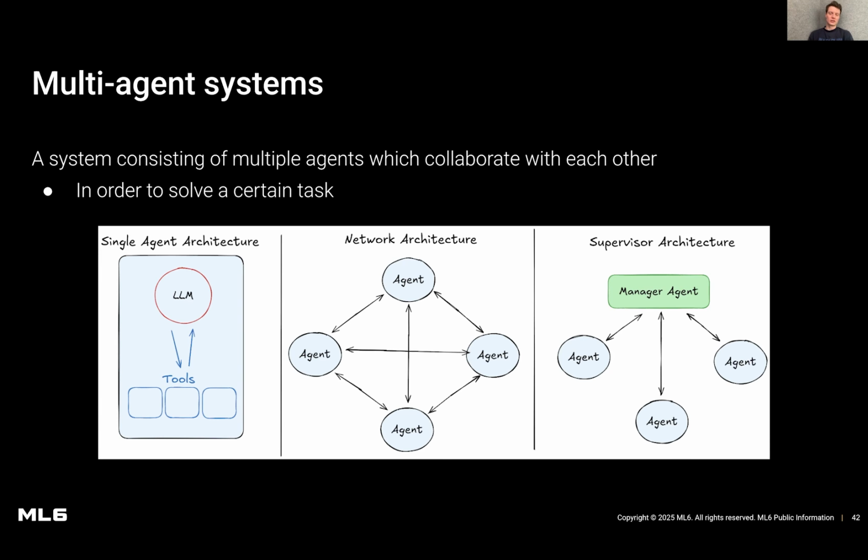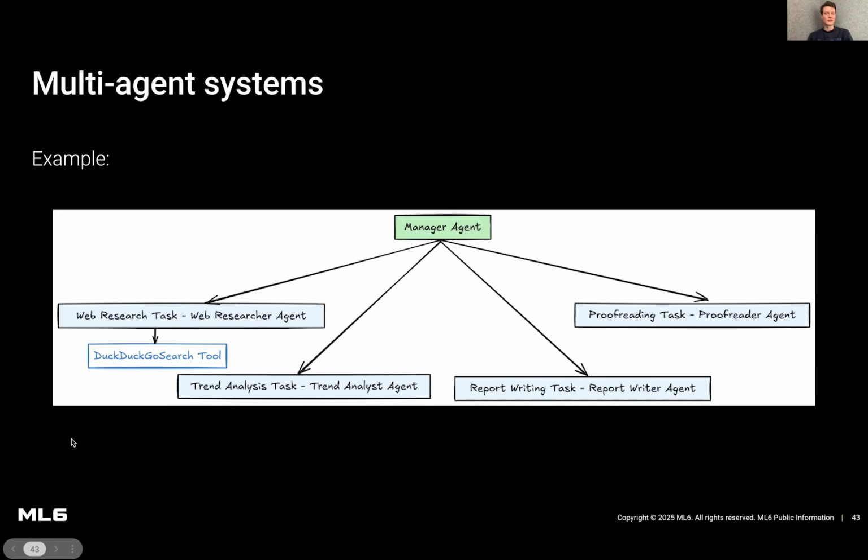So you could arrange these multi-agent systems in various ways. Like one could be a circular way of organizing them. Another one could be just having a supervisor agent, or what is also called a manager agent, and then have multiple agents below that in some kind of hierarchical structure. There are multiple ways you can get quite creative with this.